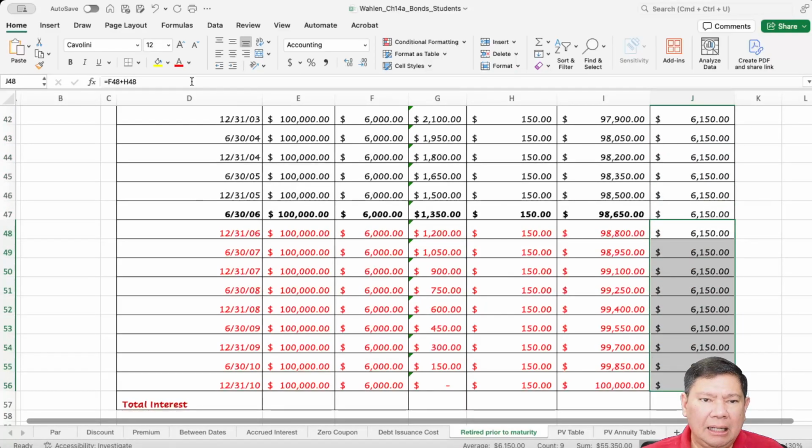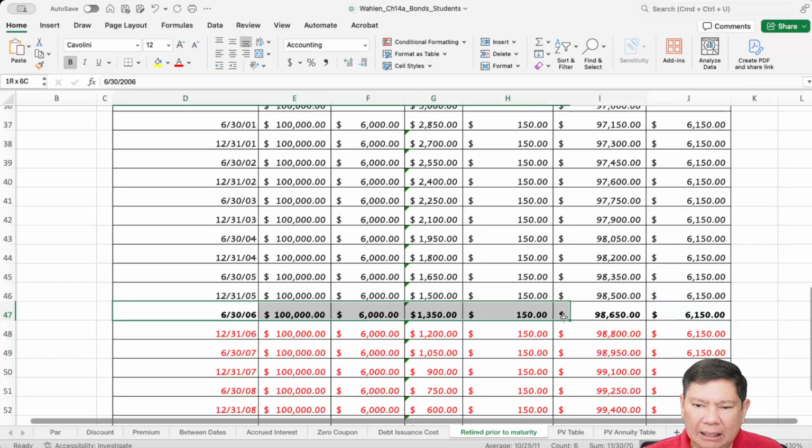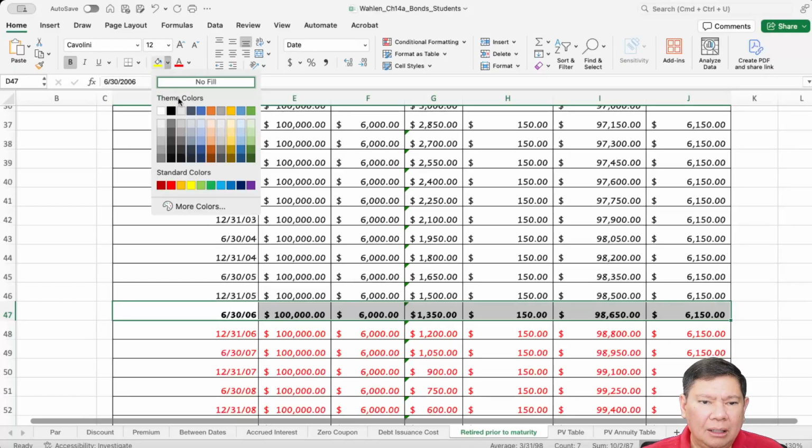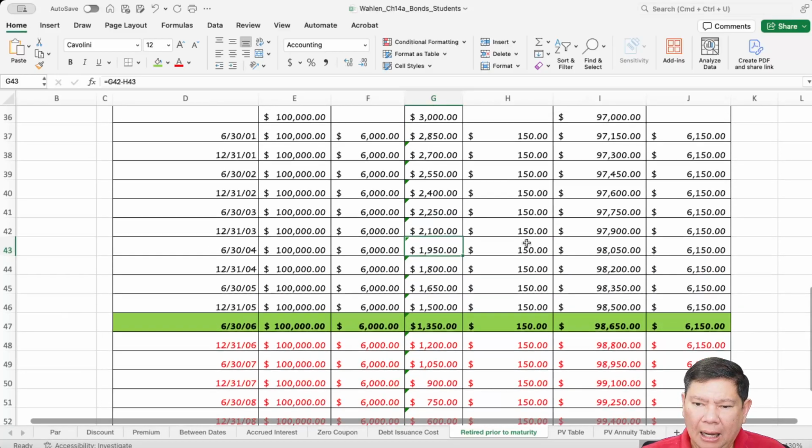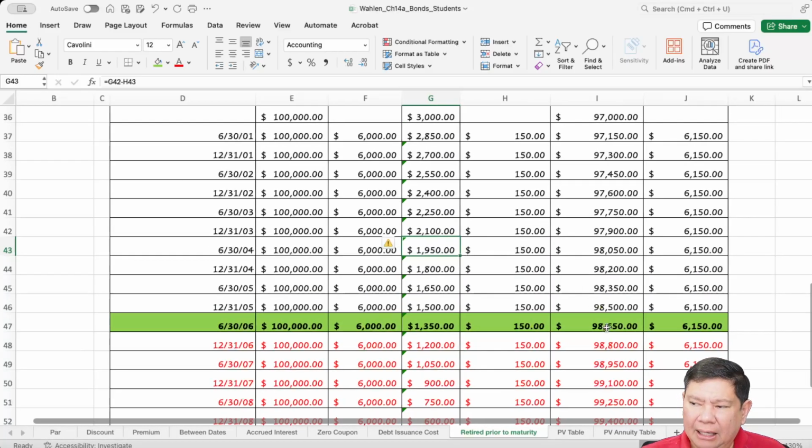Okay, so we're done with the table, and now we have the information that we will need for our transaction. Okay, so the carrying value is 98,650. The unamortized discount is 1,350. The bonds payable is 100,000.